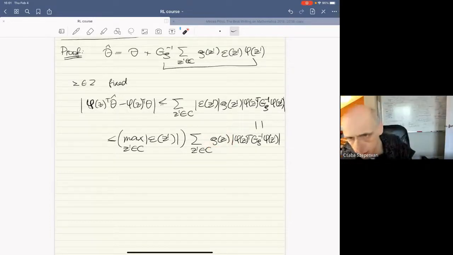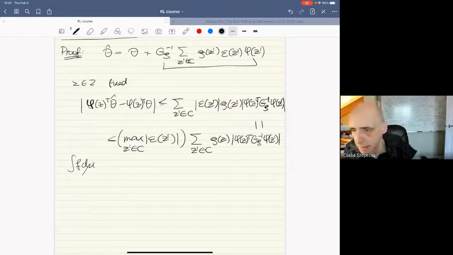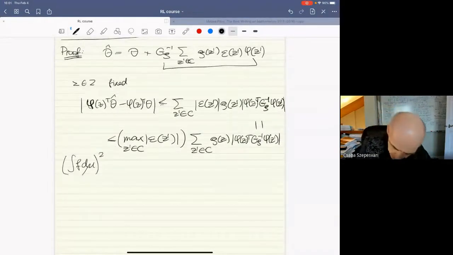And to do this, we notice that these weights are conveniently non-negative. They sum to 1. So we can apply Jensen's inequality. Jensen's inequality says that if you have any function and some probability measure on whatever space, discrete, so this is just a sum, and you want to square this, then you can just move the squaring inside.